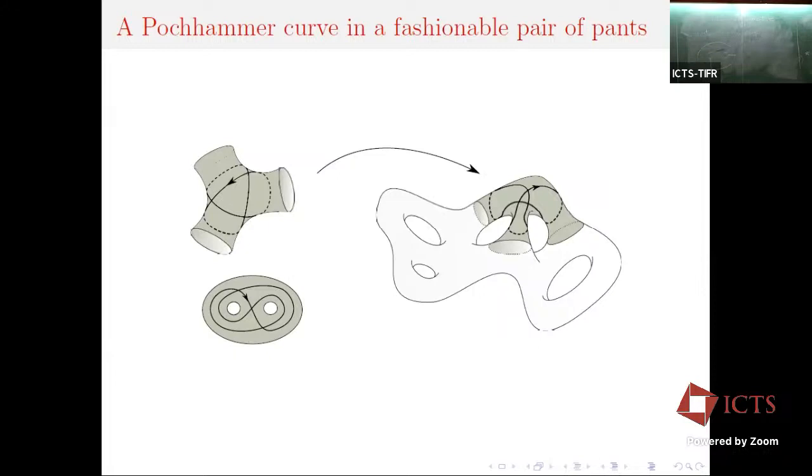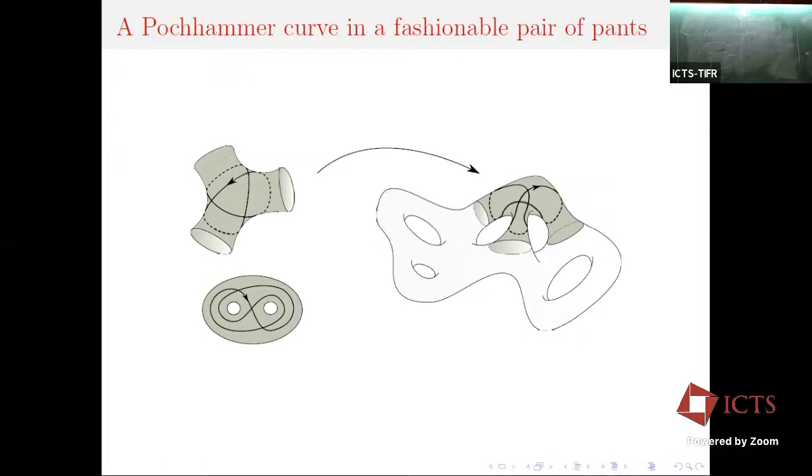So this is where we were. You have the Pohammer curve, which is these commutative circles, and here you see on the surface when you embed the pair of pants in a fashionable way.